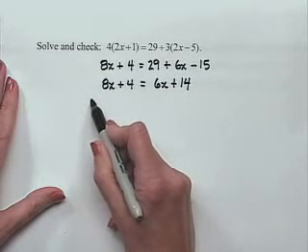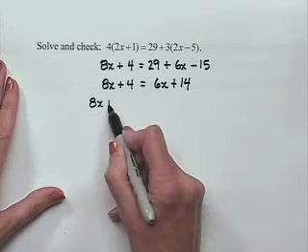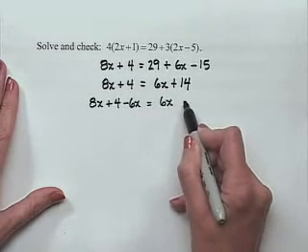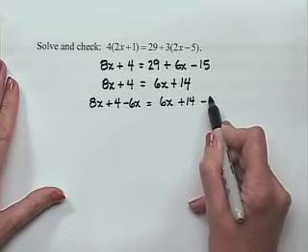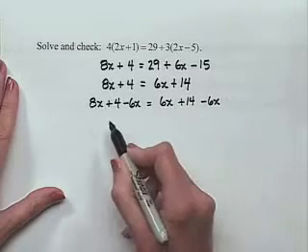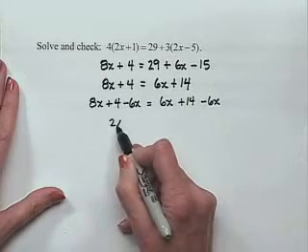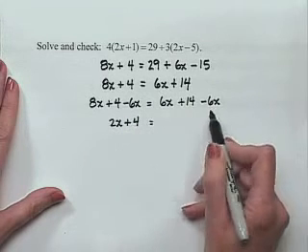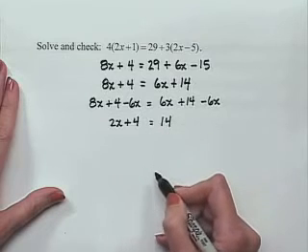So we're going to rewrite this as 8x plus 4 minus 6x equals 6x plus 14 minus 6x. 8x minus 6x is going to be 2x. On the right-hand side, the 6x subtracts out to leave us with 14.